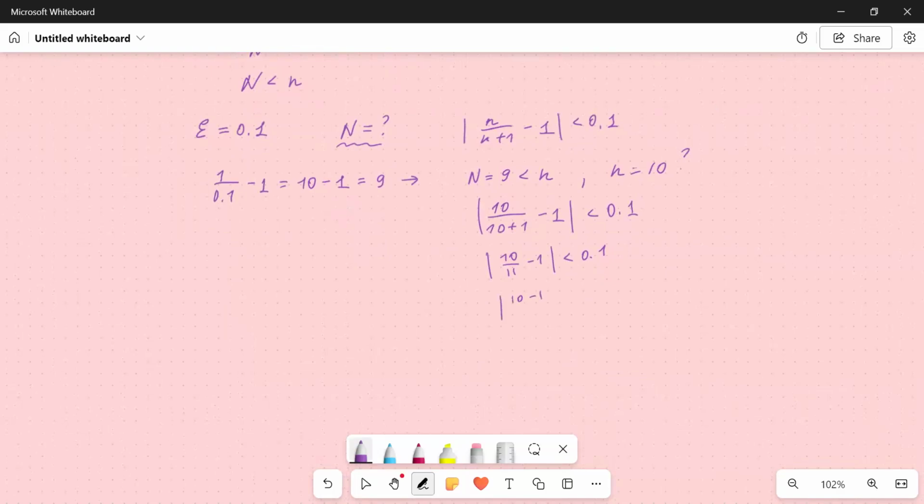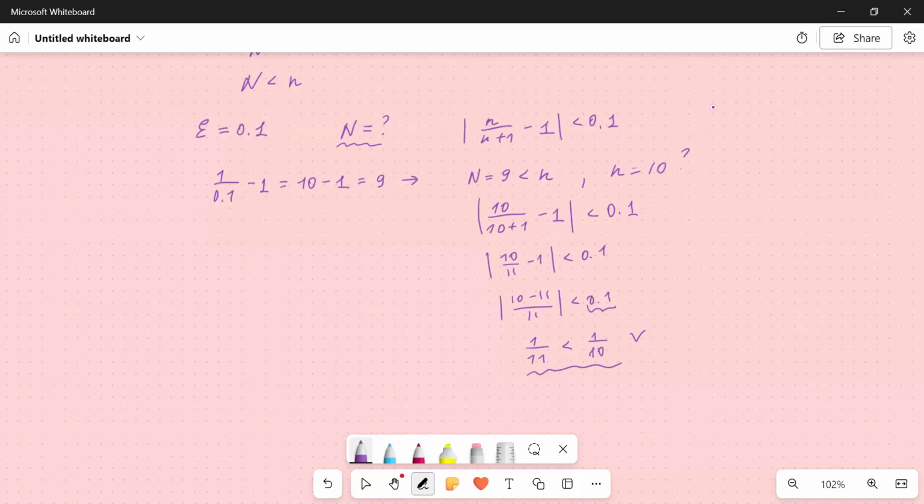So we have 10 minus 11 over 11, and absolute value is going to change the sign. It's 1 over 11 less than 0.1, which is 1 over 10. Do you see that this statement is true because 1 over 11 is less than 1 over 10? So you see, all numbers n greater than 9 are going to satisfy this inequality. Well, this is formality, but some theorems are hard to prove without having a formal base.